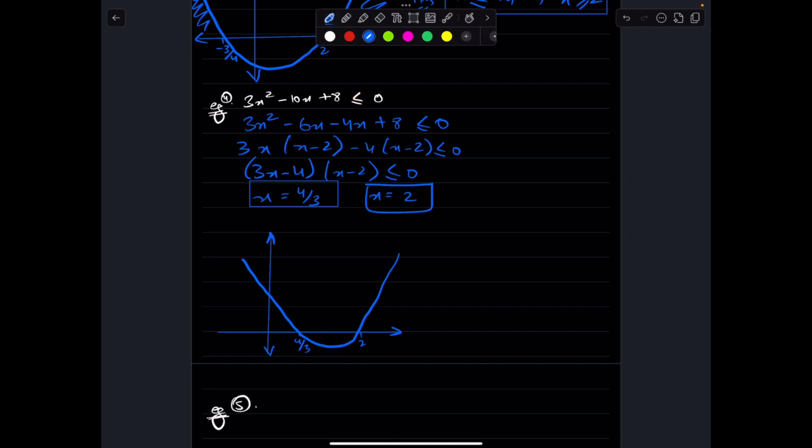So we'll shade this region, and we'll write this inequality as x lies between 4 over 3 and 2. So since we have an equals to sign here, we'll also have equals to here. So this is our final inequality. But just don't forget to put the equals to sign.